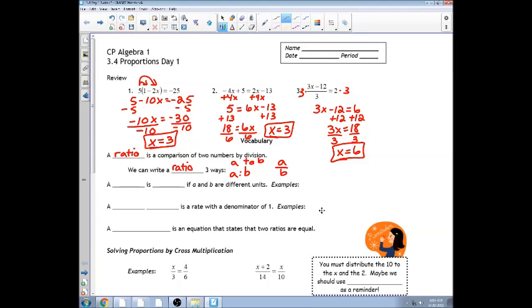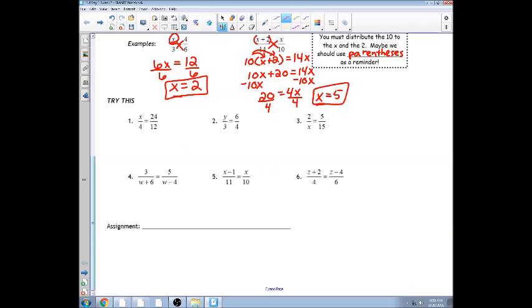So A to B is how you would read all three of those. Okay? A ratio is a rate if A and B are different units.